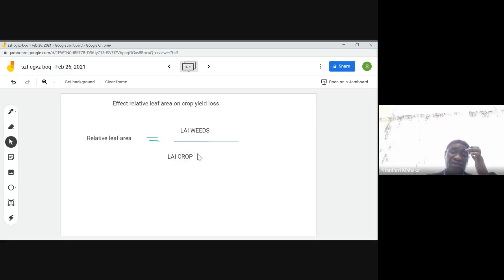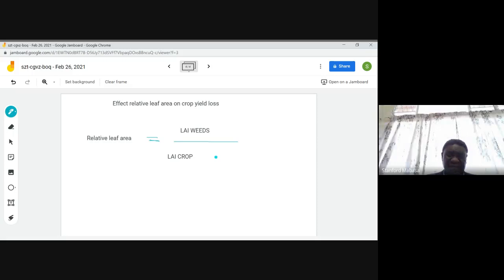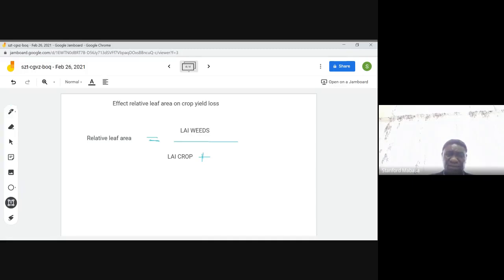So they also found leaf area index of the crop and added this to the leaf area of the weeds.